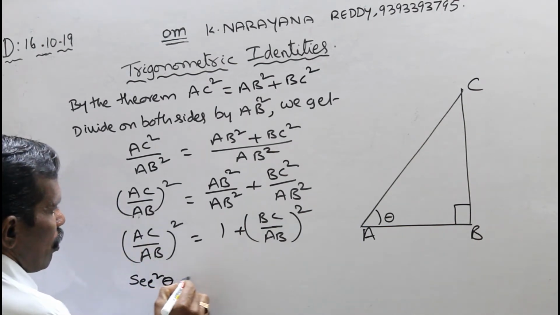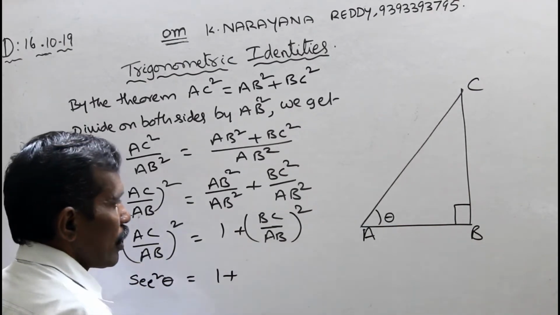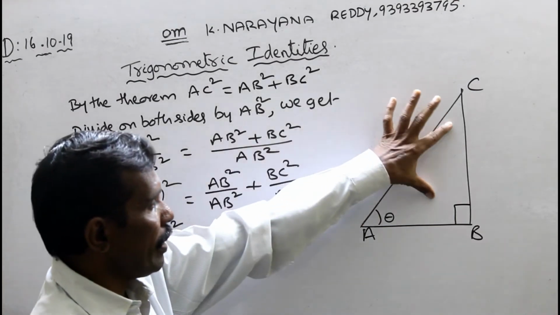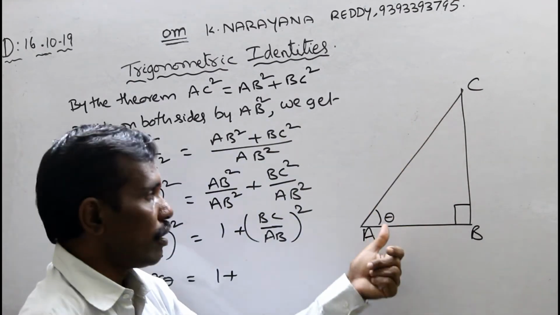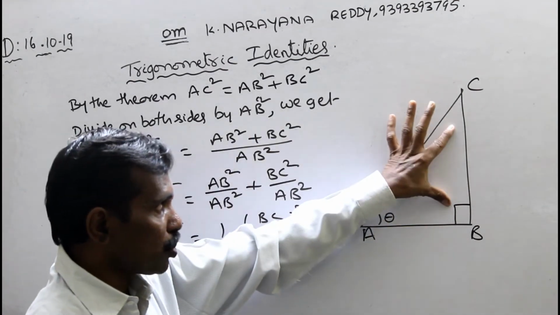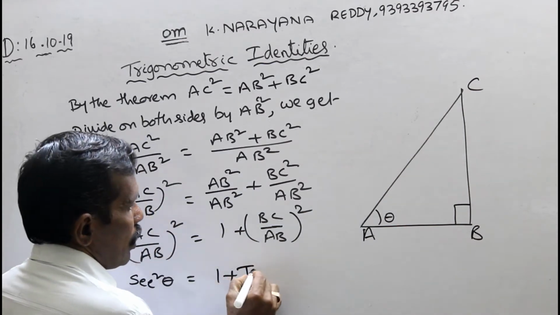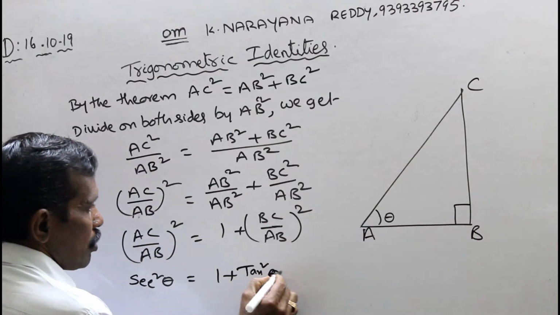Secant square theta equals 1 plus BC by AB. BC by AB means what? Opposite by adjacent side. For theta, BC is opposite side and AB is adjacent side. What is that? Tan theta. Tan square theta. There, that's all.